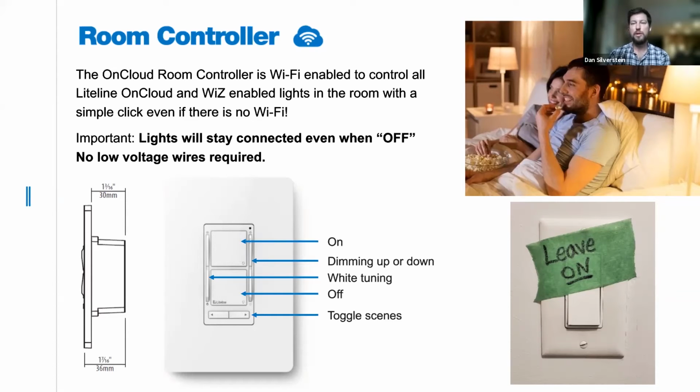But the moment somebody leaves the room and hits that off switch, even absent-mindedly, that off switch is a disconnect. It turns the power off to the lamp in the ceiling. So you've now disabled your voice control, the app, and any scheduling or programming that you had to run.